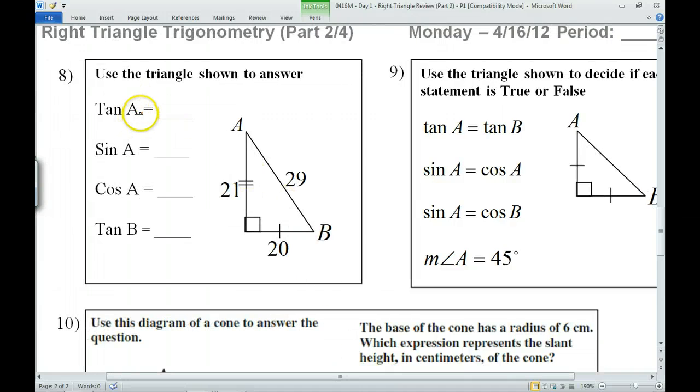Alright, looking at number 8. Tangent of A. Looking at angle A, tangent is opposite over adjacent, so that's 20 over 21. Sine is opposite over hypotenuse, so that's 20 over 29.